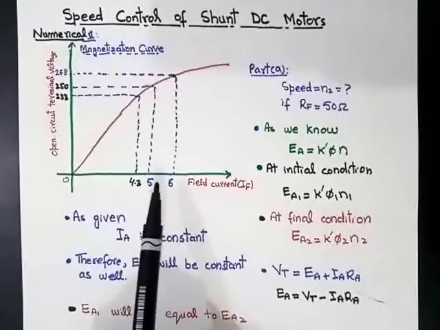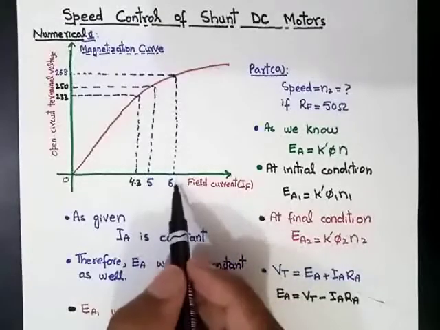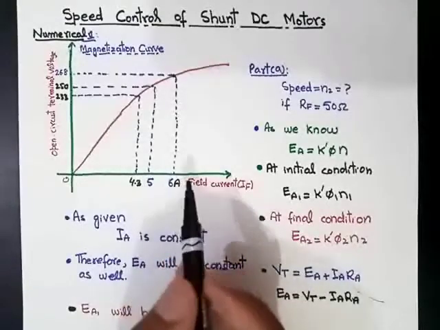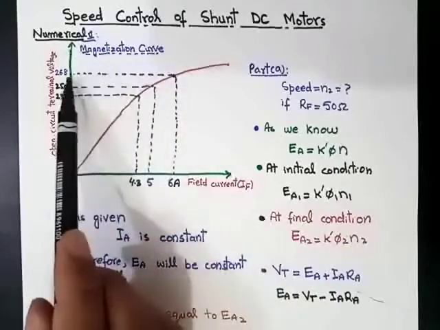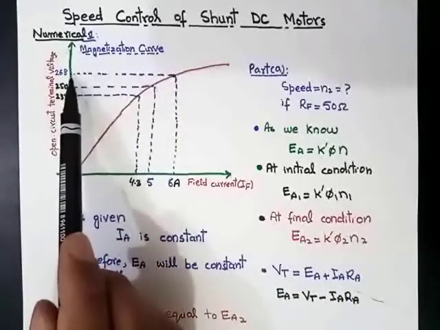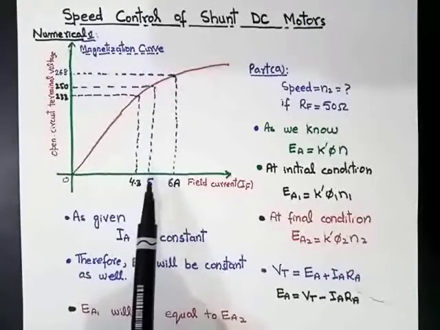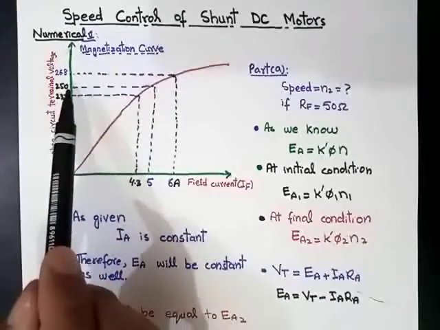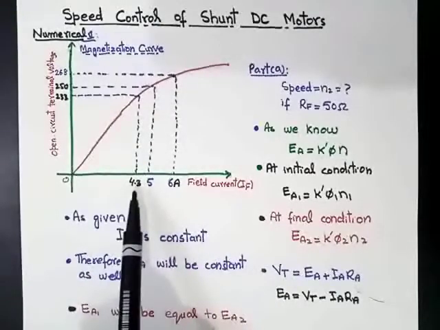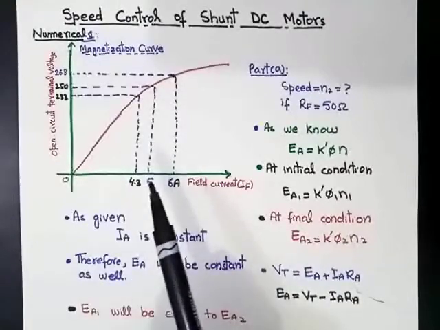In this magnetization curve, when the field current is equal to 6 ampere, the internal generated voltage will be equal to 268 volt. When the field current is equal to 5 ampere, the internal generated voltage will be equal to 250 volt, and so on.